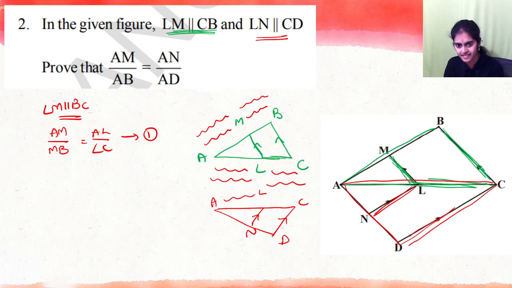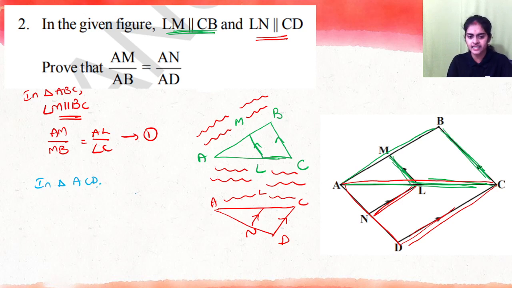I can write AL by LC. Let me just write one more statement here. In which triangle did you work firstly? ABC, isn't it? In triangle ABC. Now which triangle am I taking? In triangle ACD.